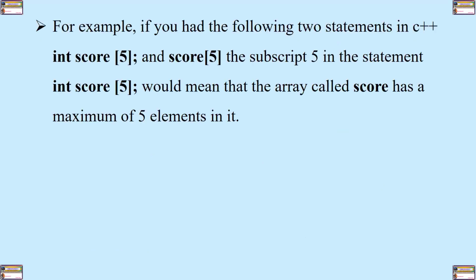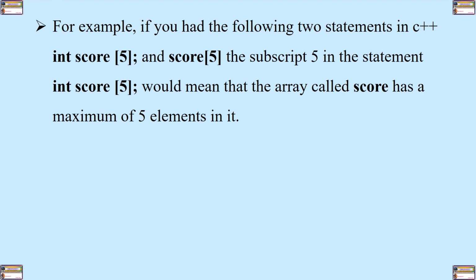That will be 4. For example, if you have the following two statements in C++, a declaration for an array called score, which is going to hold values of type integer, and those values are 5. And then you have another statement which reads score[5]. Because this is not a declaration like int, we are not being told the data type there.